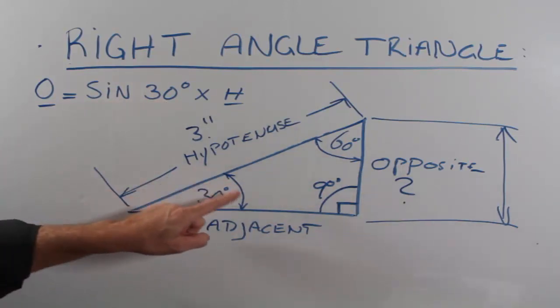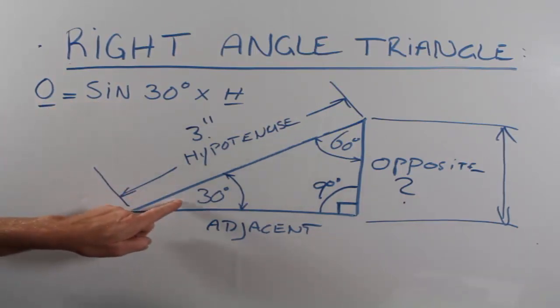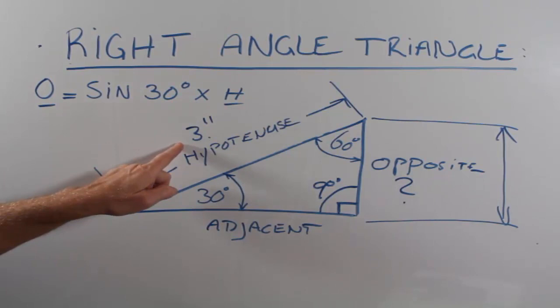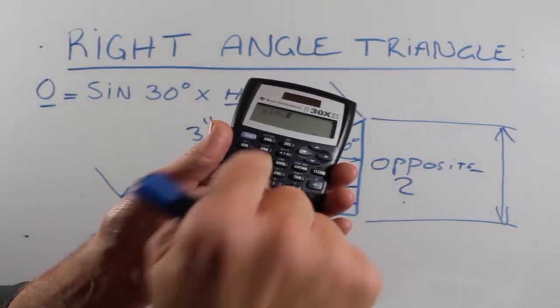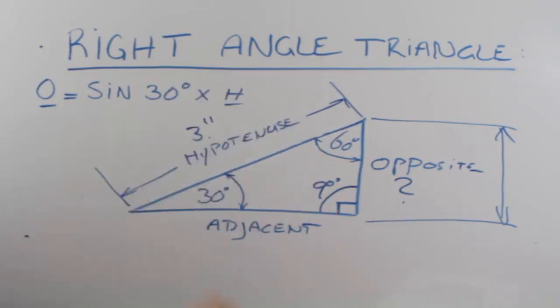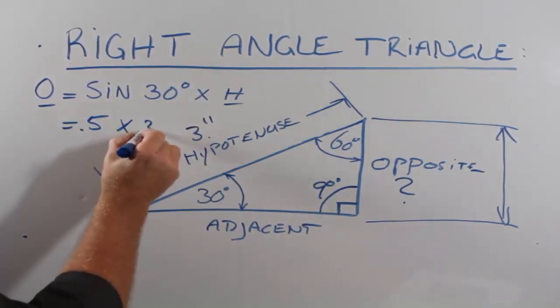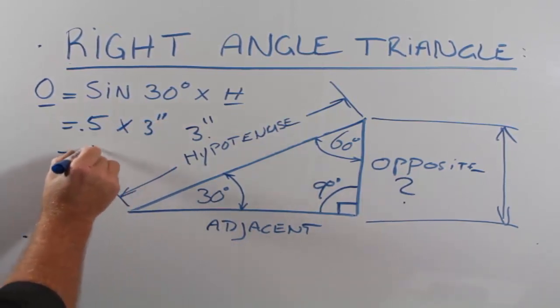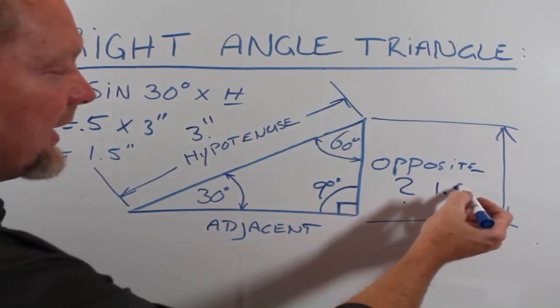Well, for the corner that I'm using, if I know the length of the hypotenuse, then I'm going to use the sine of that corner and multiply it times the length of the hypotenuse to find the opposite leg. So we get the calculator out. Sine of 30 degrees equals 0.5, multiplied times the 3 inches, so that is 1.5 inches. So the opposite leg is 1.5 inches.